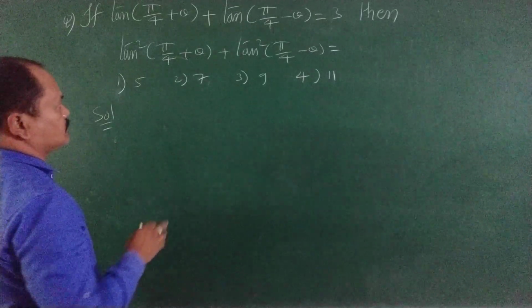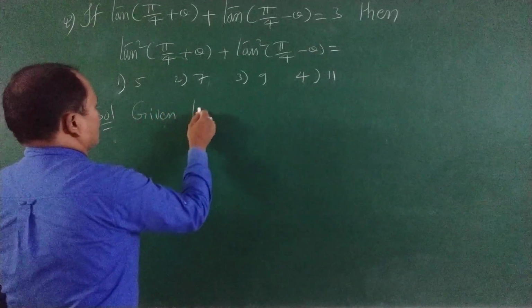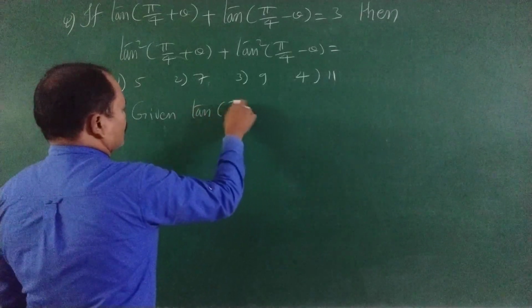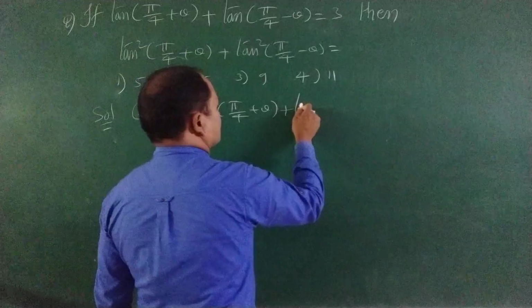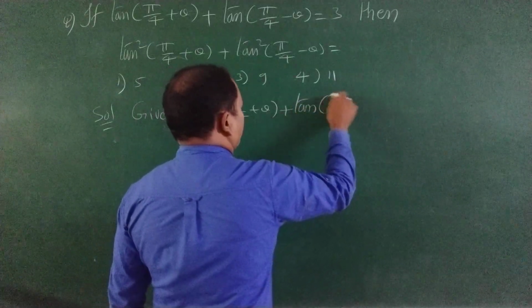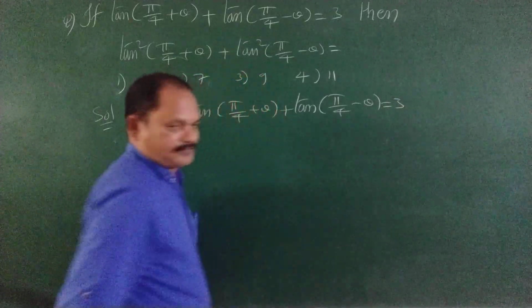Solution for this. So given, tan(pi/4 + theta) + tan(pi/4 - theta) is equal to 3.